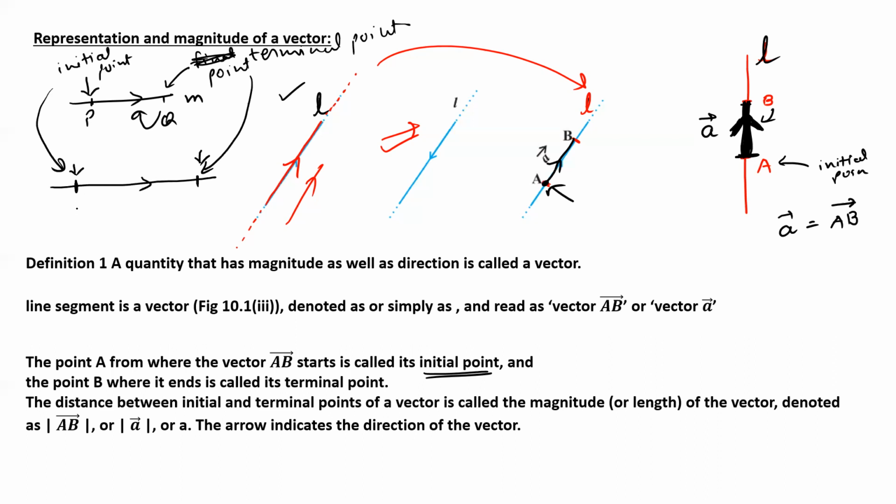So in that case, suppose it is C and D. If I want to find out this magnitude, suppose I have covered 5 kilometers. So this 5 kilometers is called the magnitude, and it is put in a mode, the mode of vector C, which is nothing but the magnitude of that vector.